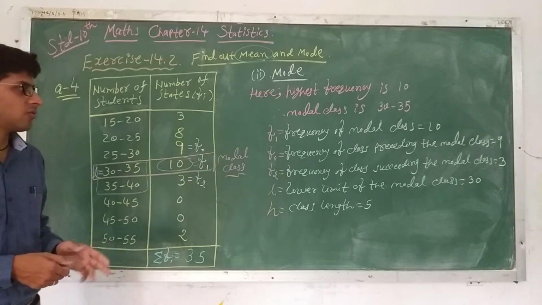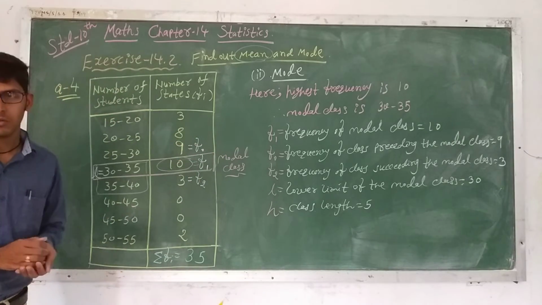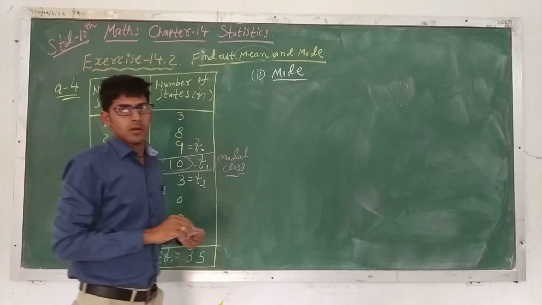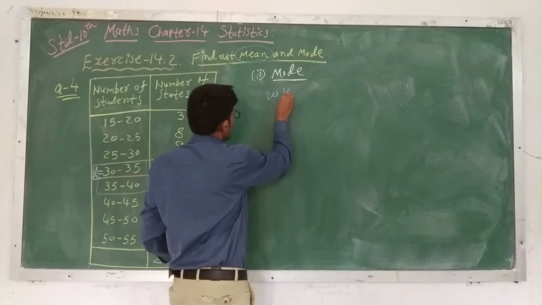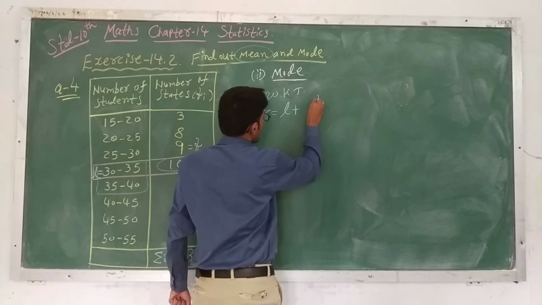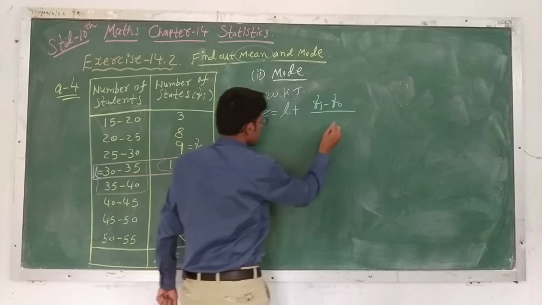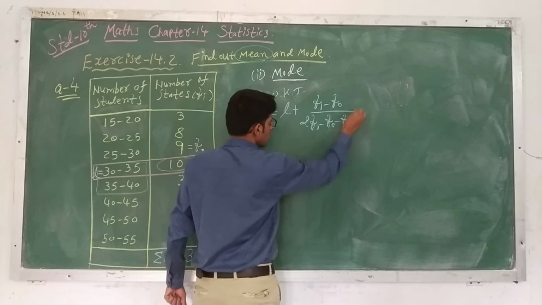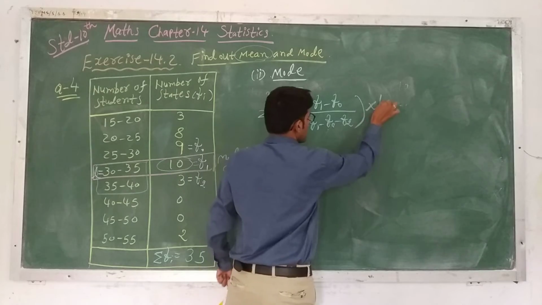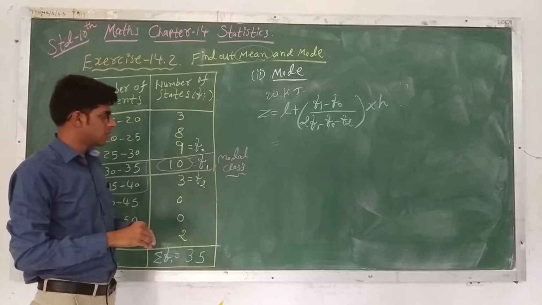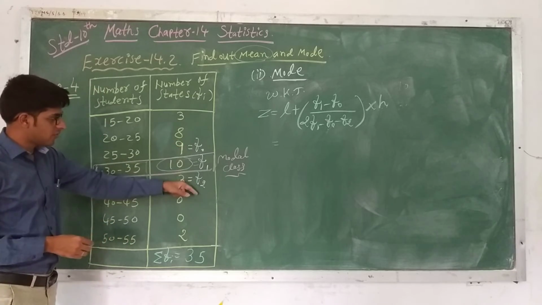So first of all, note this down. Right now we know that Z is equal to L plus (f1 minus f0) divided by (2f1 minus f0 minus f2), multiplied by h. Now we put the values of L, f1, f0, f2 and h.